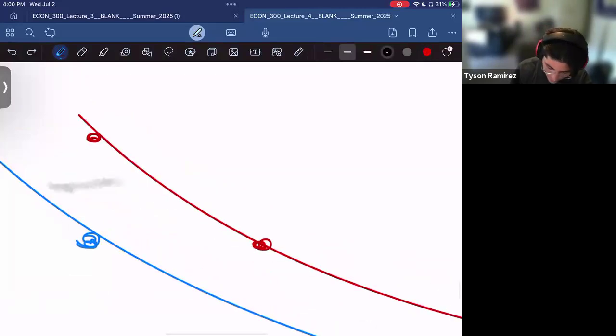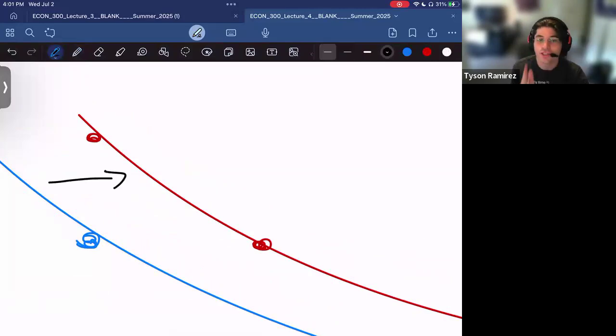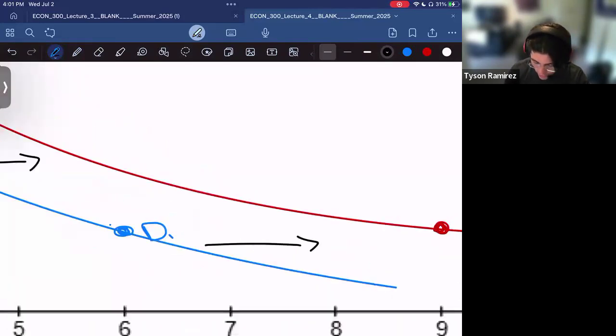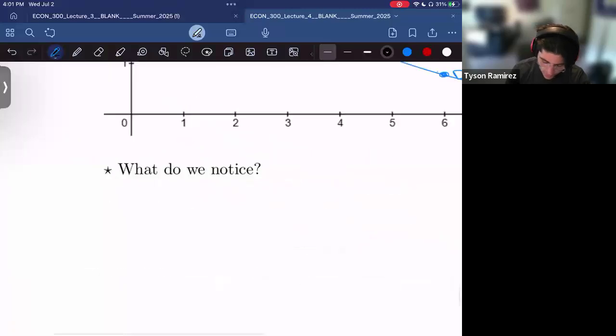Again, it was the change in income that shifted the demand curve. Income increased, so the demand curve shifted to the right.